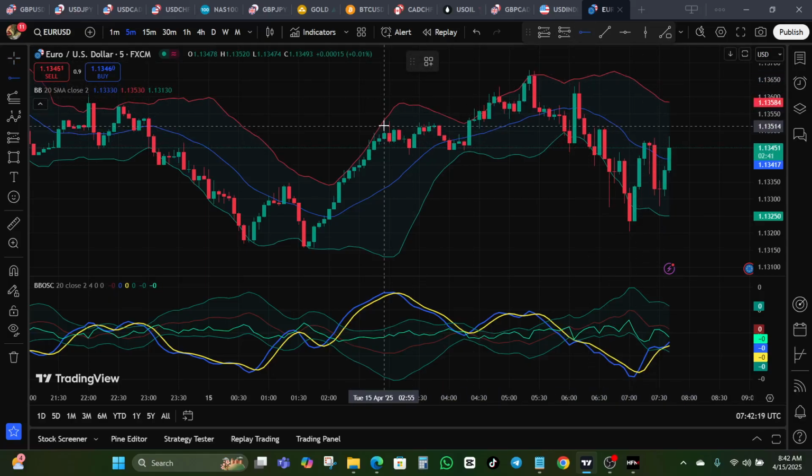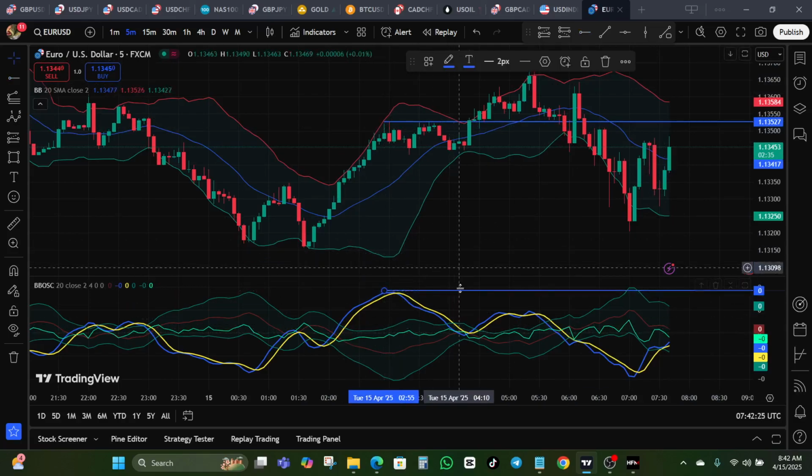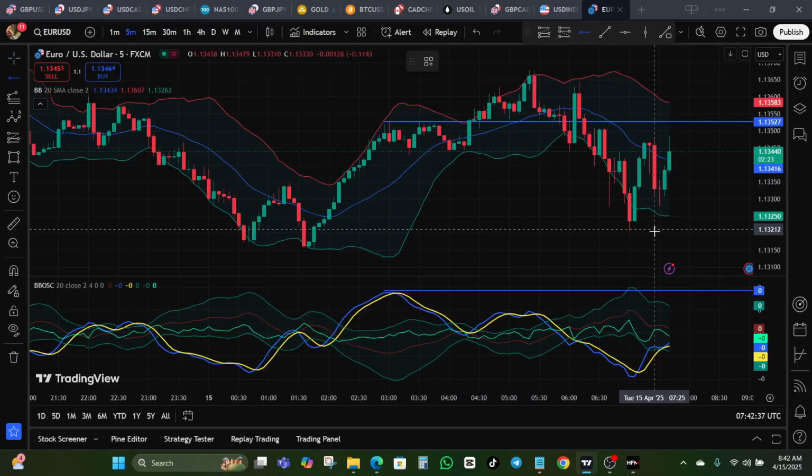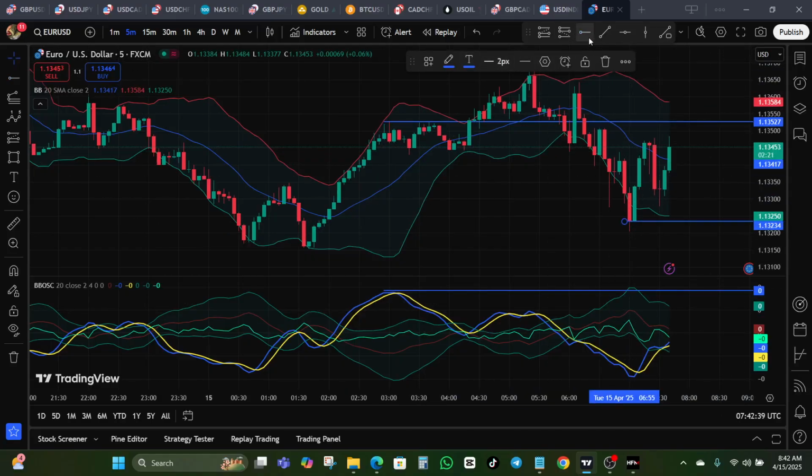If price gets to a resistance zone and you notice that the BB oscillator has climbed to an extreme top level, it shows that a sell move is imminent, because that overbought territory indicates that bearish momentum could kick in anytime. And if price drops to a support zone and the Bollinger Band oscillator has dropped to oversold territory, it could indicate that a bullish move is incoming.